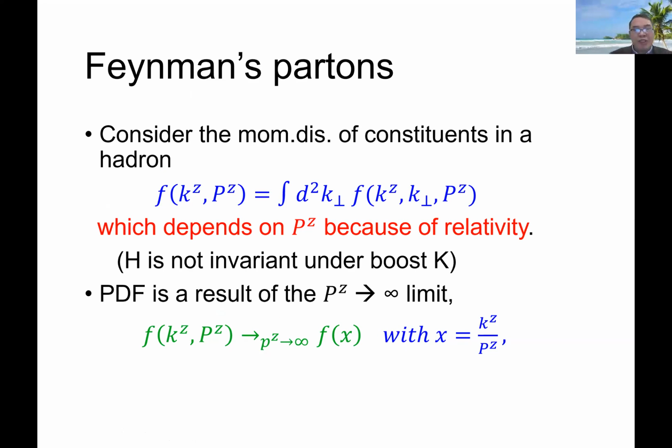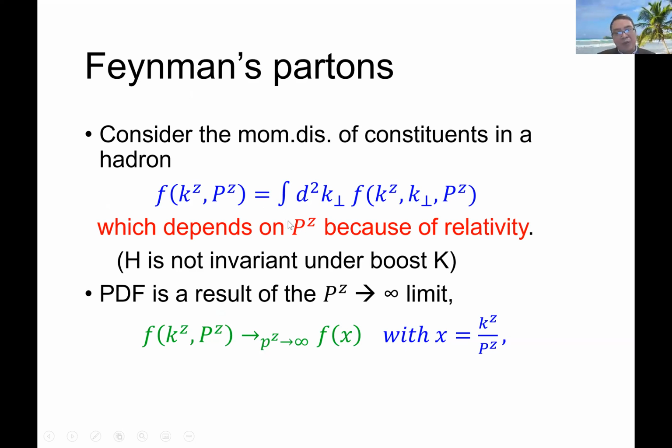And so we're going to follow Feynman's idea, that is, we consider a momentum distribution in the hadron with overall momentum equal to P, and you integrate out the transverse momentum of the constituent. However, this momentum distribution depends on how fast the hadron is moving.